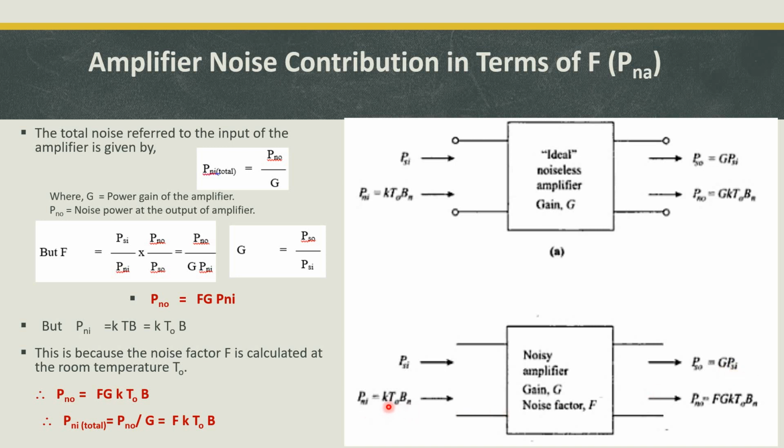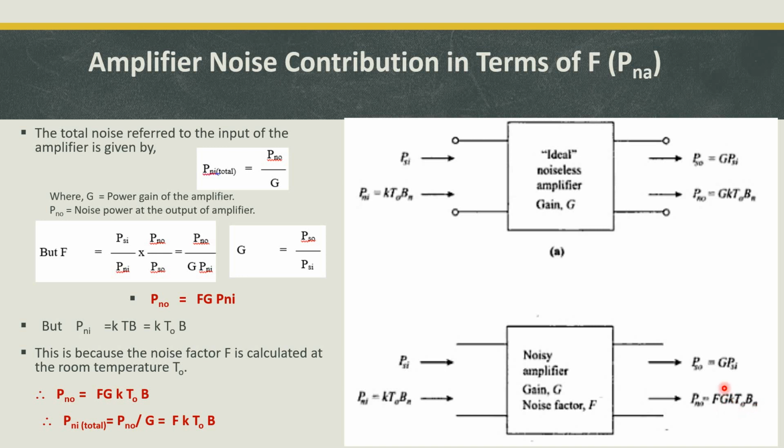For noise, KTB is multiplied with G and also a noise factor F. So the additional factor provided here is F. This is because of the noise introduced due to the amplifier. So PNA is equal to FGKTB.